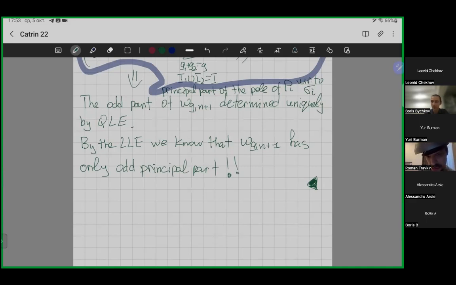And also we know how this recursion really works because of this reformulation in terms of quadratic and linear loop equations and the projection property.